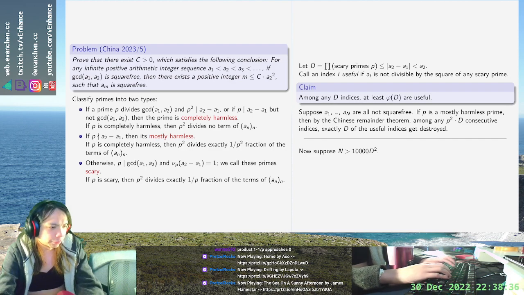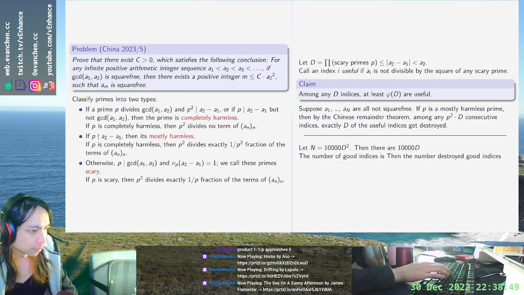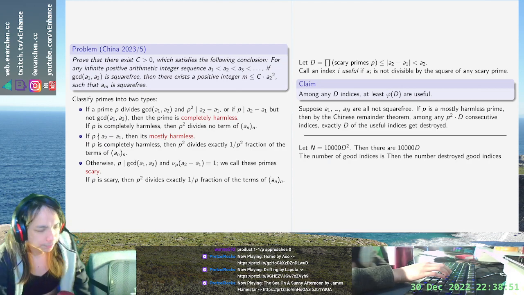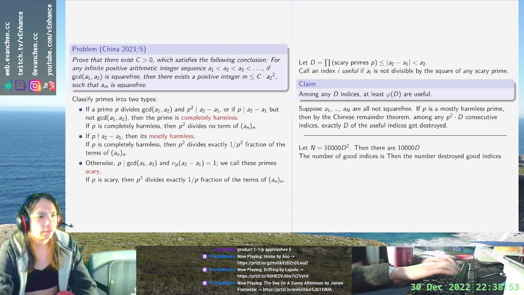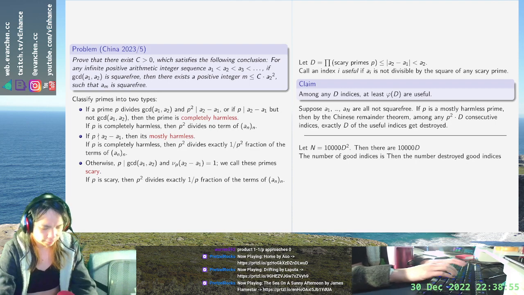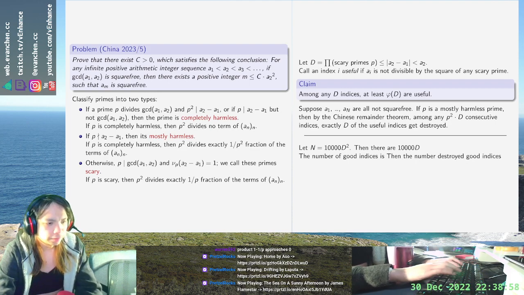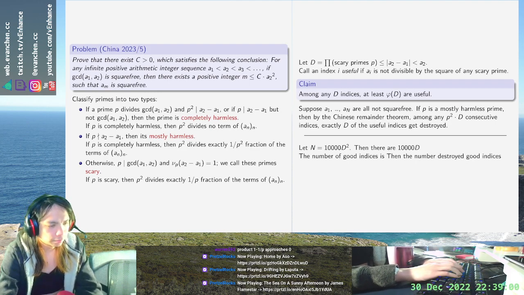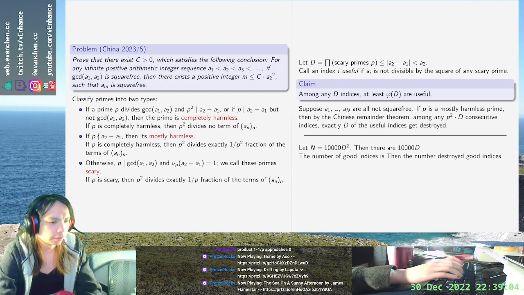Actually, here's what we're gonna do. We're gonna let n equal 10,000 d squared, alright? Then there are 10,000 d full cycles of d indices. In each of them, there are d good ones.